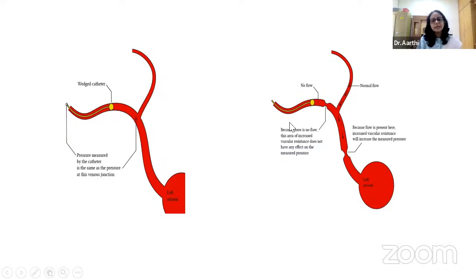But there are certain clinical scenarios where there is an increase in resistance or a non-compliant left ventricle where the pressure might be higher. So the wedge pressure might not reliably reflect the left atrial pressure, which we'll be seeing.